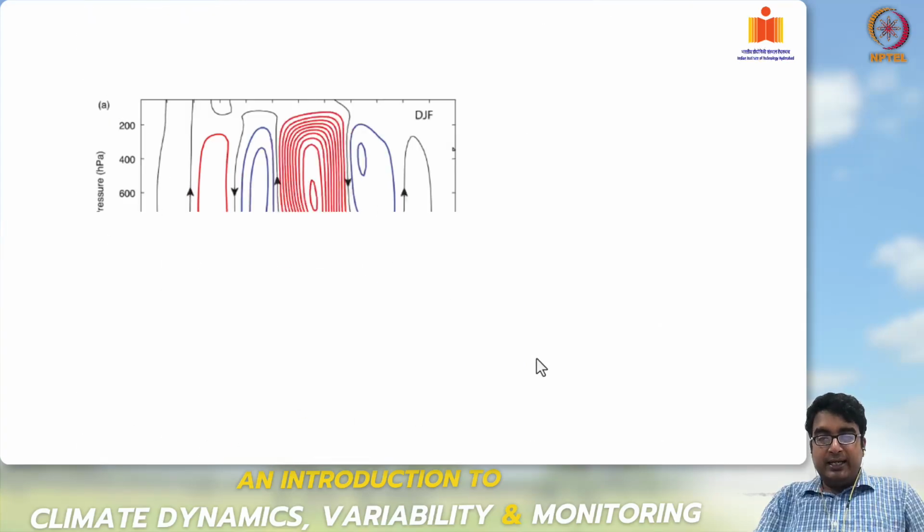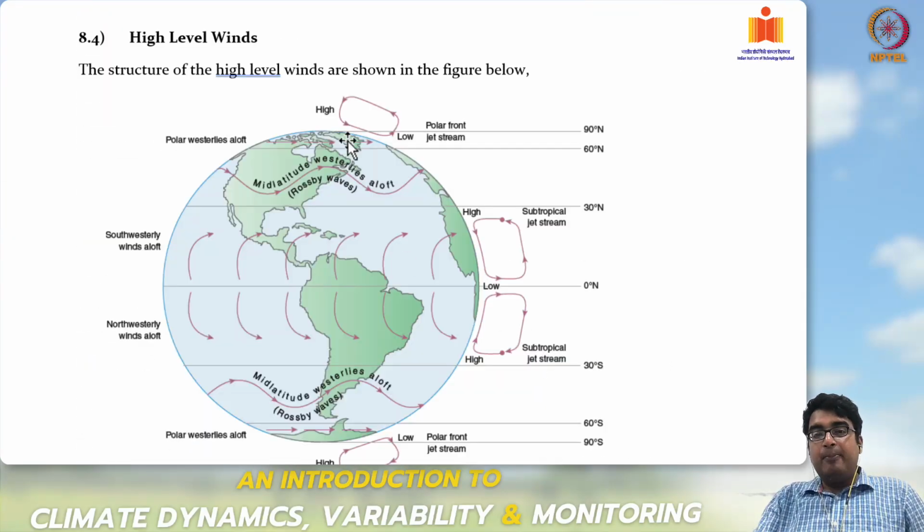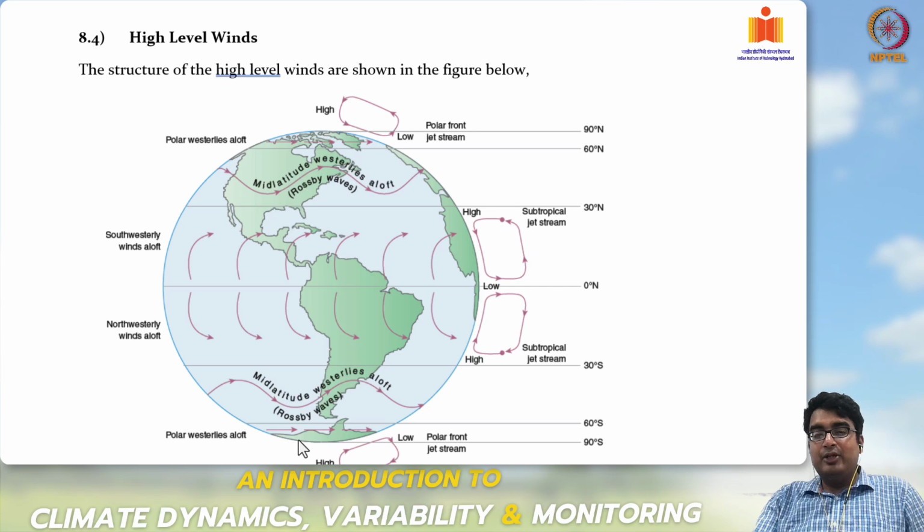On the aloft side, we have the corresponding polar westerlies near the top of the troposphere, in both the southern and northern hemispheres. Okay. So this is more or less clear.